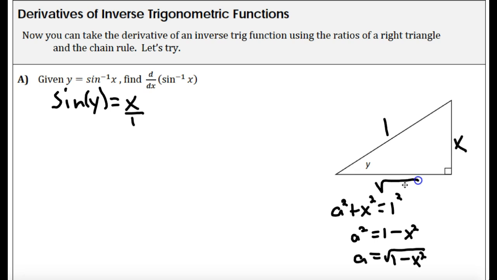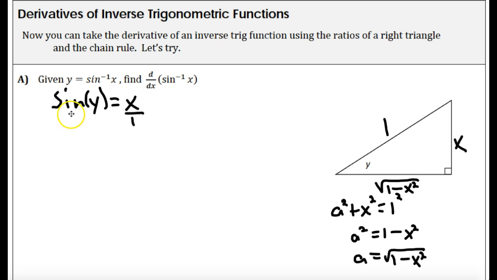Okay, this side is the square root of 1 minus x squared. Now I want to take the derivative of this function. So taking the derivative of this is the same as taking the derivative of this, right? We just did some algebra. We're allowed to do that before we take a derivative of a function.